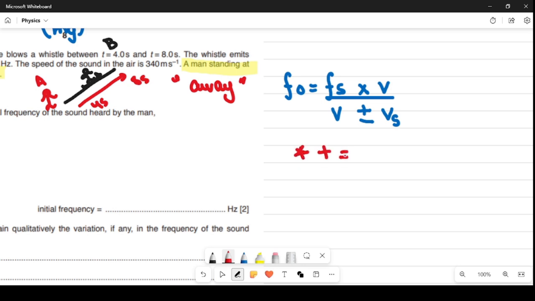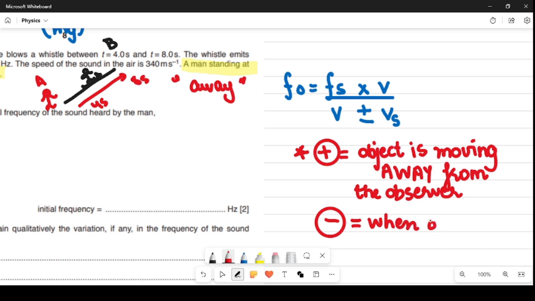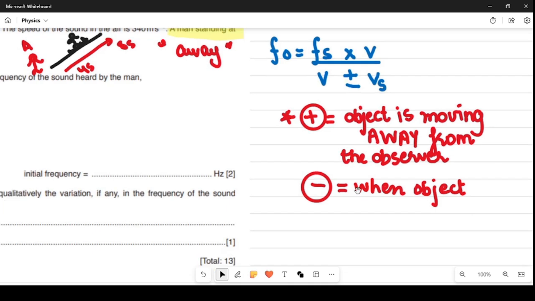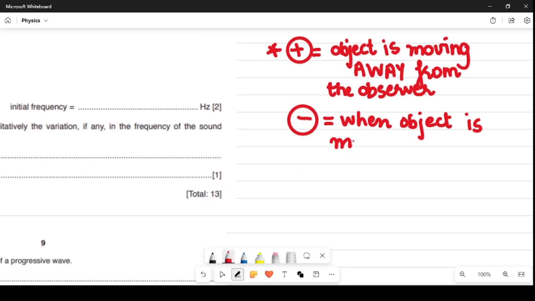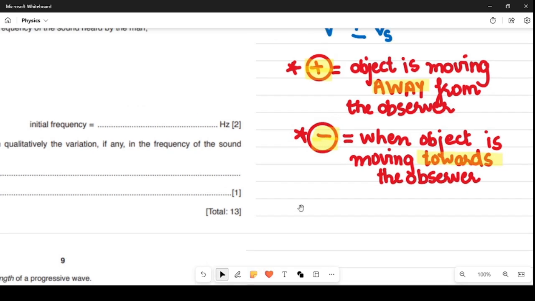Very important, you will use plus when the object is moving away from the observer, and you will be using a minus when it is moving towards.